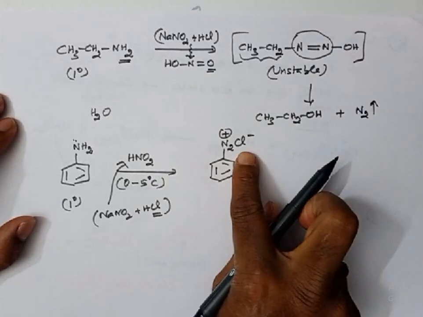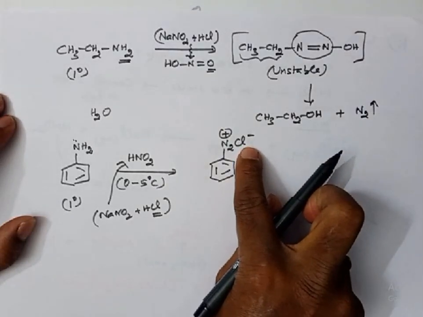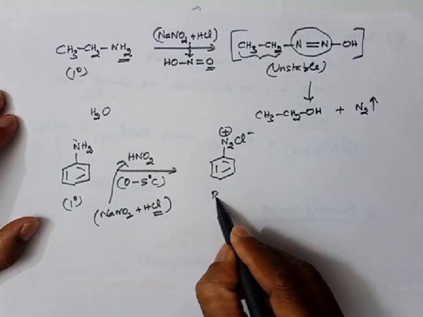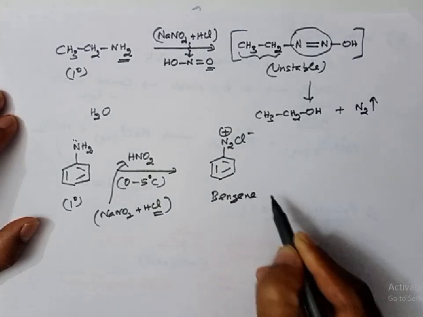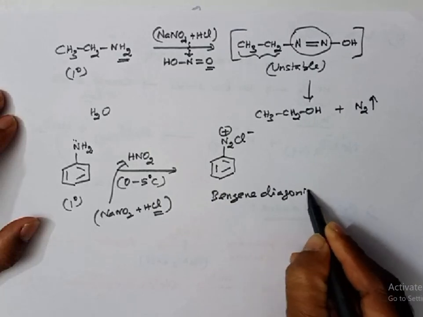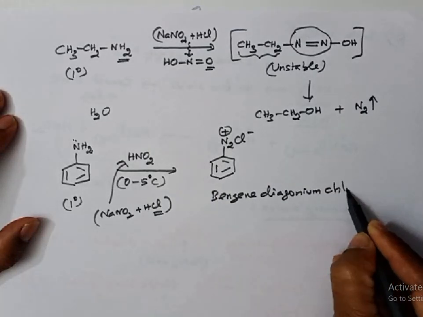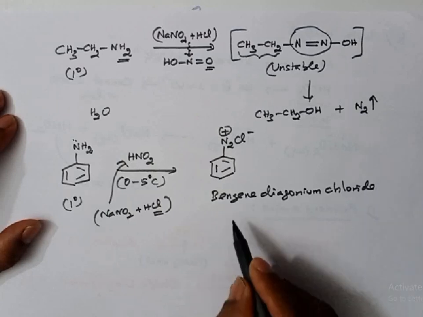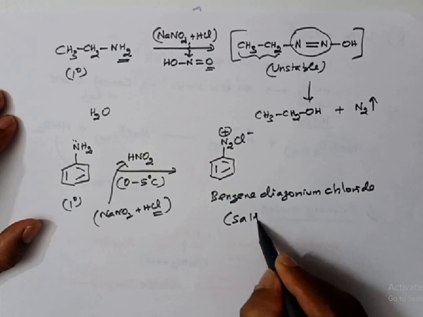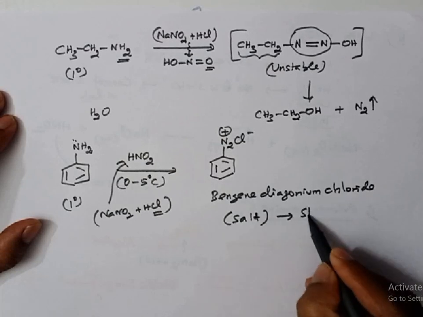That chloride will act as a counter ion here. What is this compound called? This compound is called benzene diazonium chloride, and this is a salt actually. Benzene diazonium chloride is a salt and it is stable.